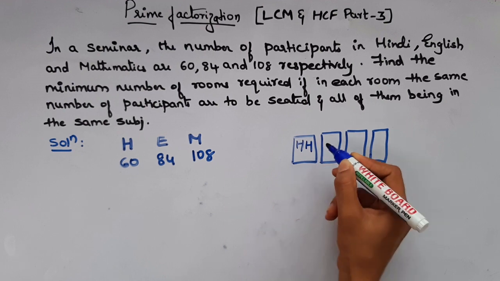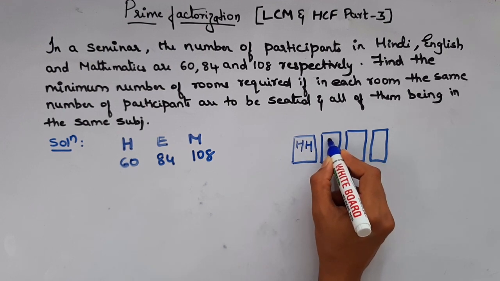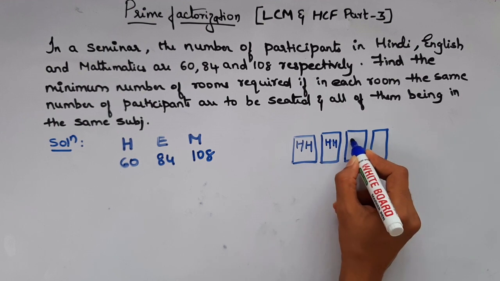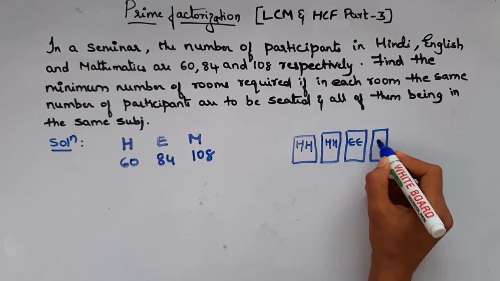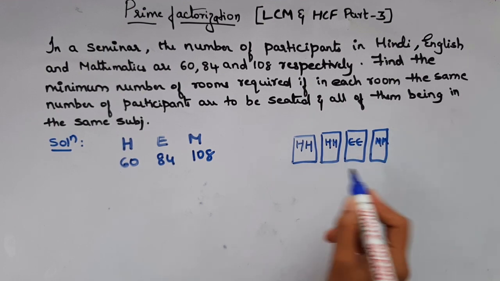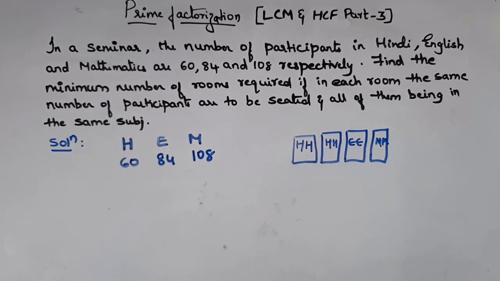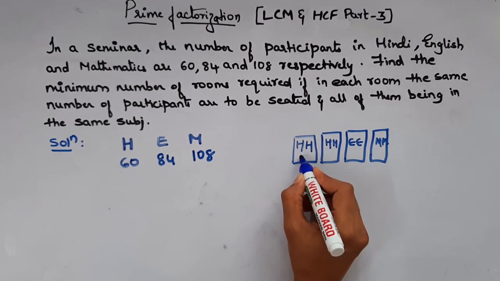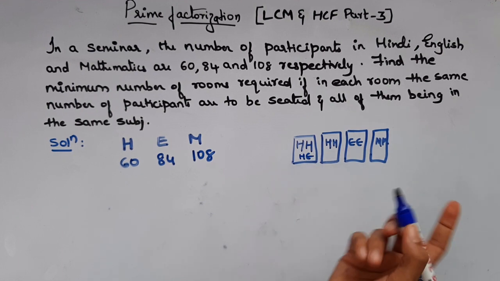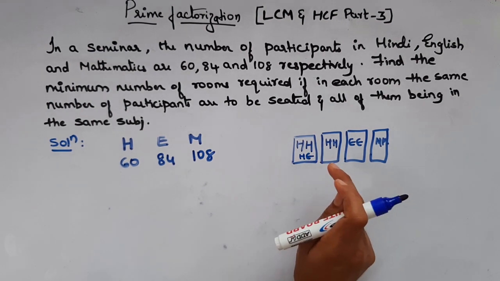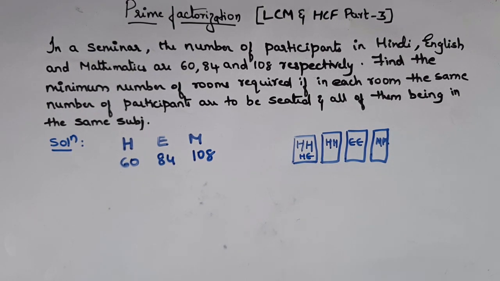In this, HH, that is Hindi. Now if you say here also HH, Hindi, here English, Maths, you have to place them in this way. You cannot place Hindi and English in one room. Okay, I hope you got this.